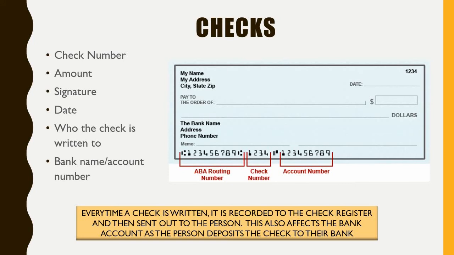You need all five of those things for a check to even be valid. But most importantly, and this is very, very important, especially when it comes to the date: oftentimes, when you send a check, you send it with a future date.